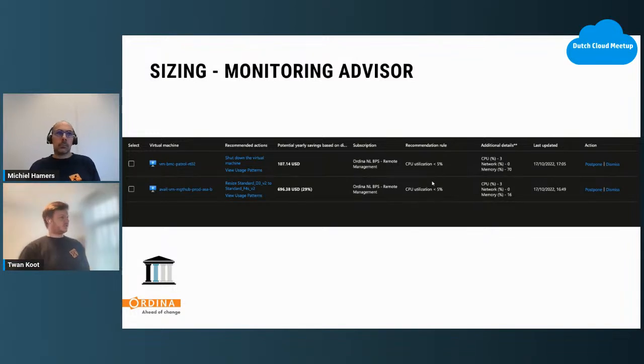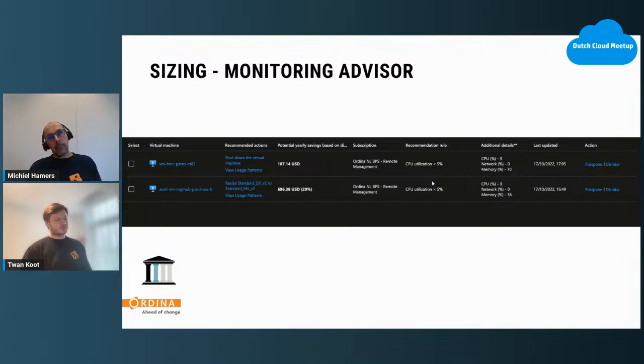You can see additional details on the metrics being used for that rule, and when it was last updated. You can also update it yourself to get the latest information. Based on that, the advisor says you have this machine which is being underutilized. Maybe you want to scale it down, or potentially even shut it down if it's not being used.